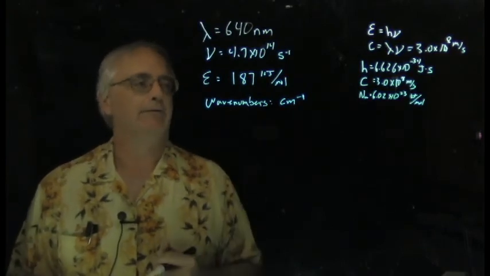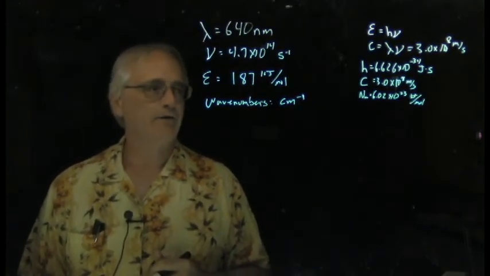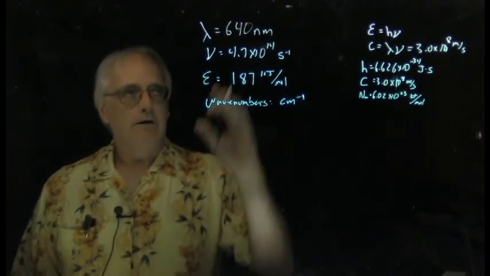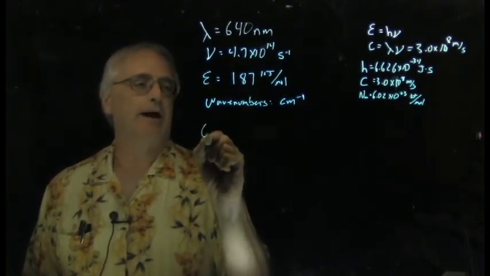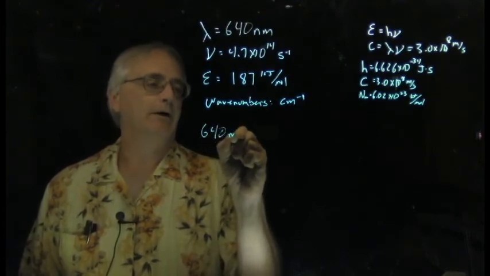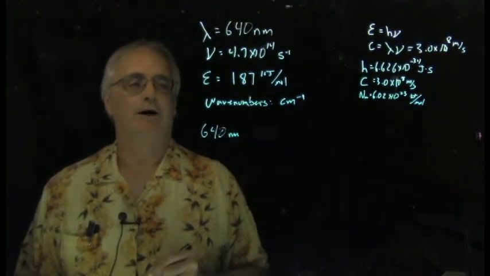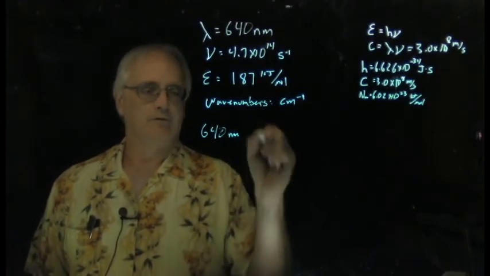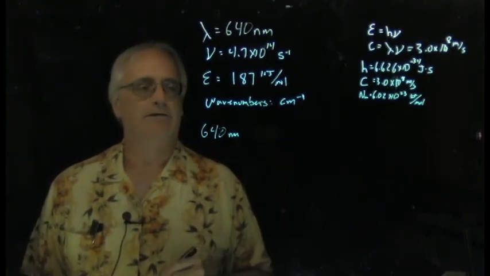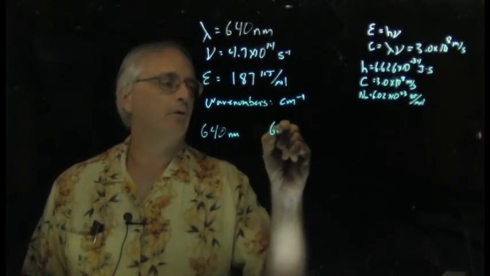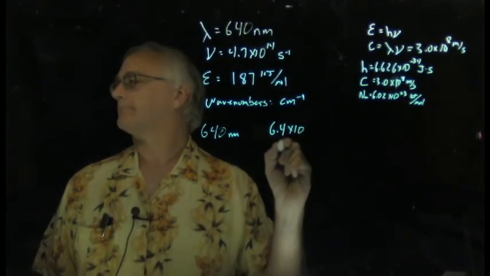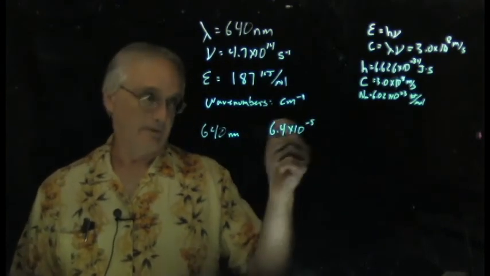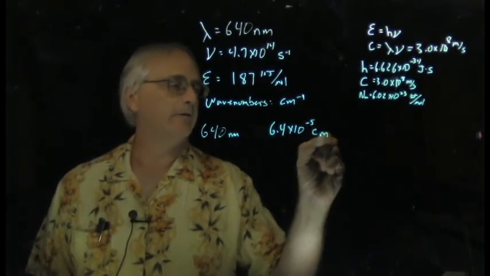Okay, so this is kind of a funky way of expressing wavelengths, not as the actual wavelengths, but as reciprocal wavelengths. So we're going to take the 640 nanometers, and it's a pretty simple process to do. It should come as no big surprise. I'm going to turn that into centimeters. And if you express 640 nanometers as centimeters, you get 6.4 times 10 to the negative 5th centimeters.